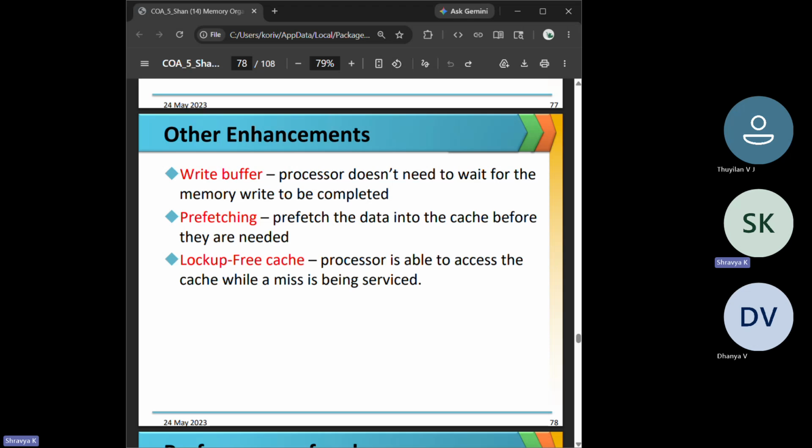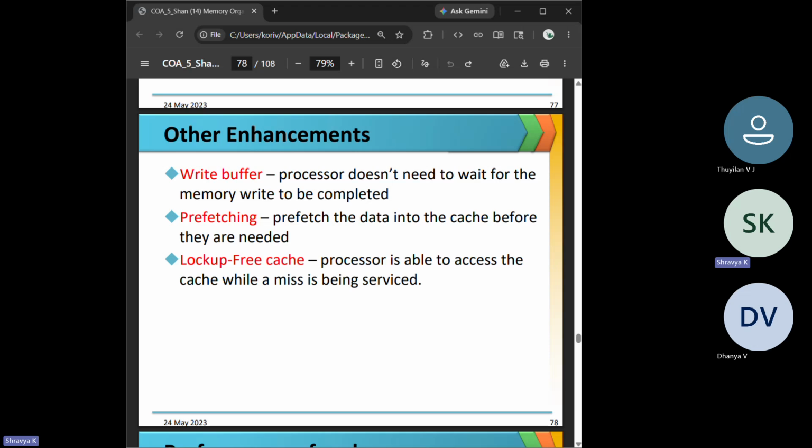Then you have a lockup-free cache, where the processor is able to access the cache even while a miss is being serviced. Normally, if you encounter a cache miss, you freeze the cache and the processor is not able to access it anymore. But you can use a method where the processor can continue issuing memory requests even while a miss is being serviced.